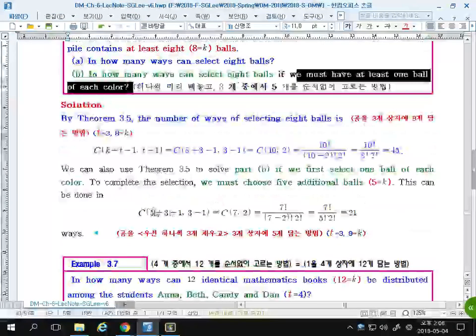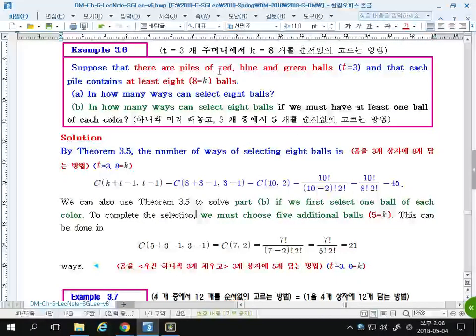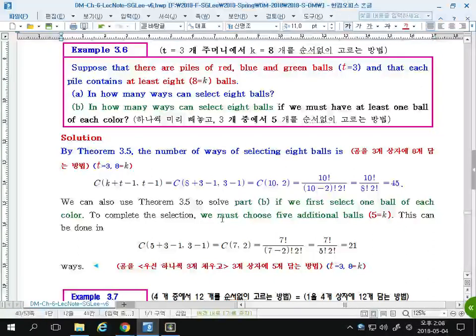So in this case, 1 each of red, blue, and green balls were chosen, so it was fixed. It's one choice, and then we have 3 buckets to choose 5.